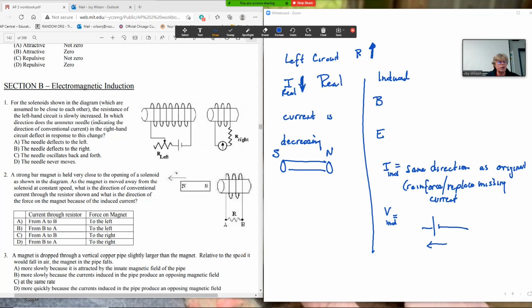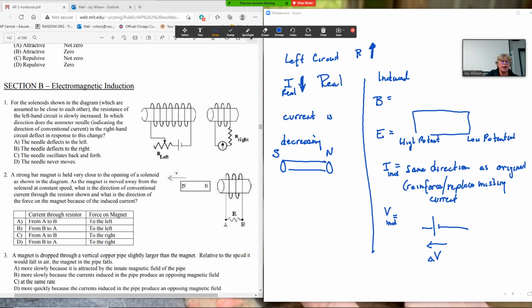The voltage will point this way for your battery on the second resistor, on the second side. The induced electric field, due to the battery, will mean that the high potential is on the bottom left, and low potential is on the bottom right.